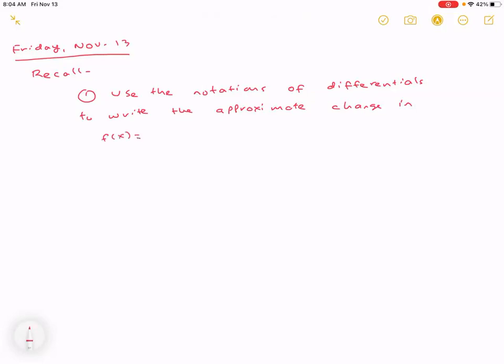So, use the notations of differentials to write the approximate change in f(x) equal to 5 cosine squared x given a small change dx.